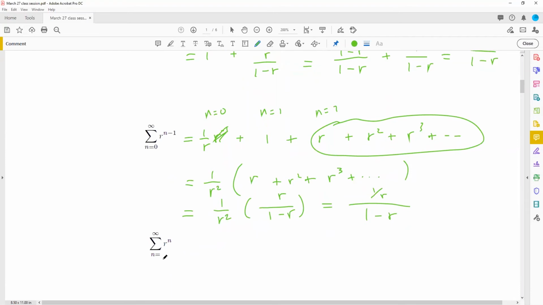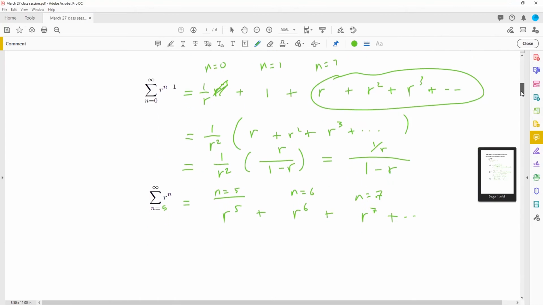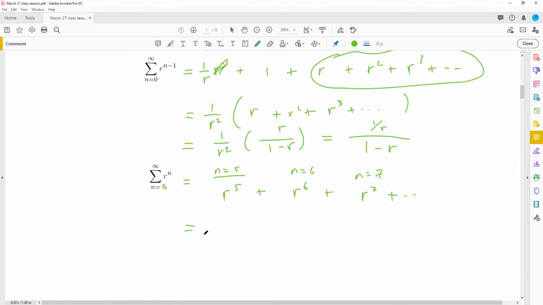Now, another situation would be if it starts from some weird number, like let's say it starts from 5. Then you're starting with r to the 5th. When n is 6, you get r to the 6th, and when n is 7, you get r to the 7th, and it just goes up from there. So you can apply the same sort of thing by factoring out an r to the 4th.